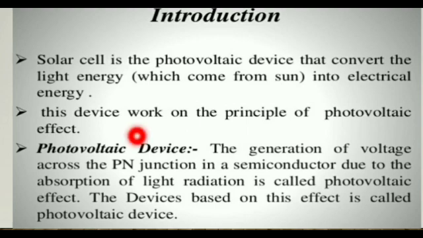The generation of voltage at a p-n junction in a semiconductor due to the absorption of light is called the photovoltaic effect. So the devices based on this effect are called photovoltaic devices. Okay.